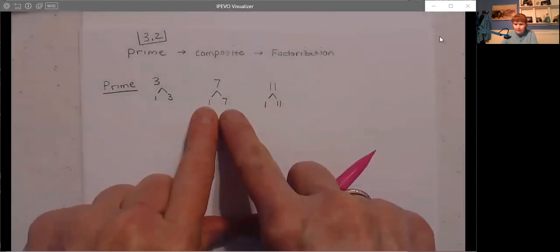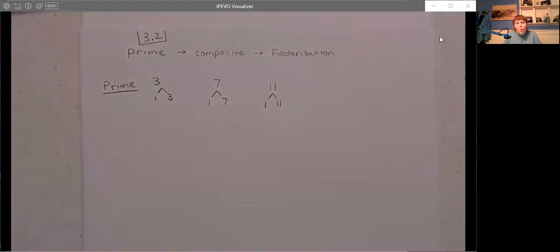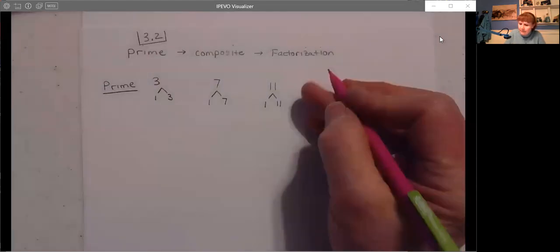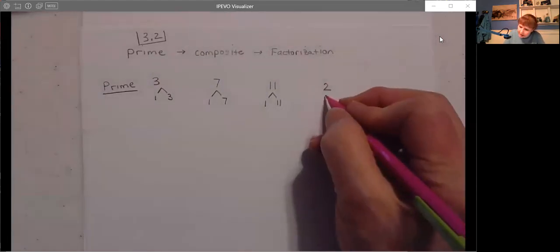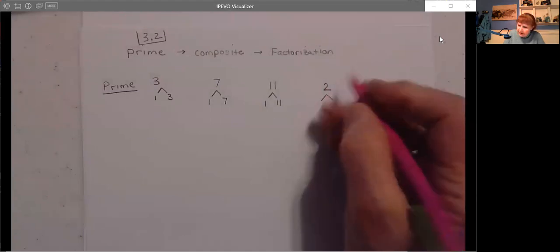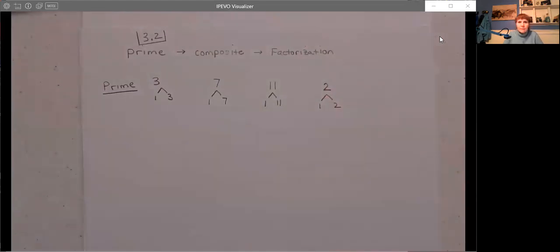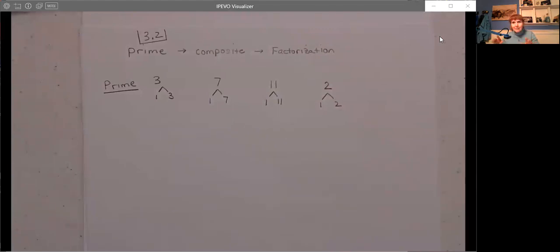Okay, what would be the only even prime number? All right, and that would be the number 2. 2 is the only even prime number. All the other ones are going to be odd, but not all odds are prime, but every prime will be an odd number except the number 2.